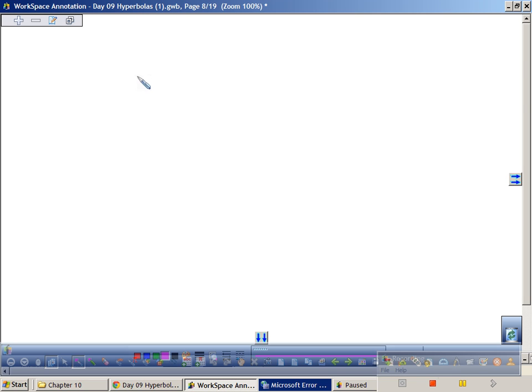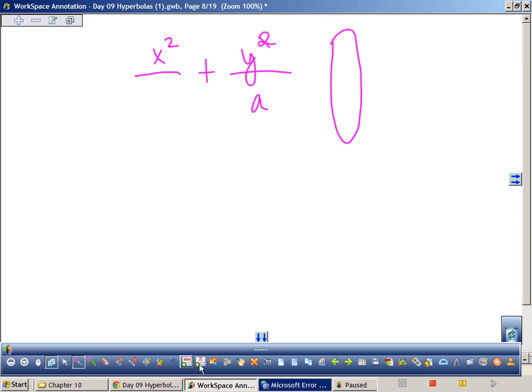So what happens if, let's put an x squared and a plus sign and a y squared. What happens if A is over here? Mitchell? It's taller. And what happens if A is over here?